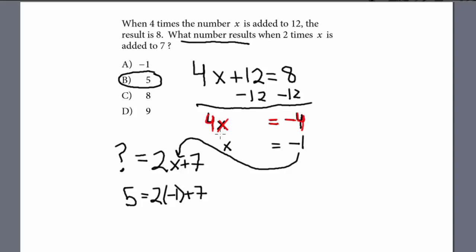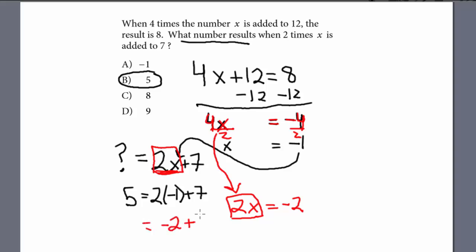Since I want to find out what 2x is equal to, since that's my goal, I could have divided both sides by 2 here and gotten that 2x is equal to -4 divided by 2, which is -2. Now that I know what that quantity is, I could have just plugged it right in and gotten -2 plus 7, which of course gives me the same answer.